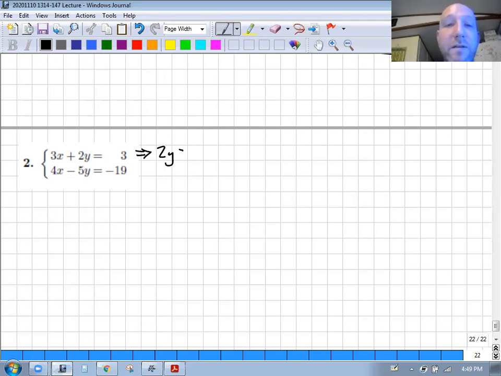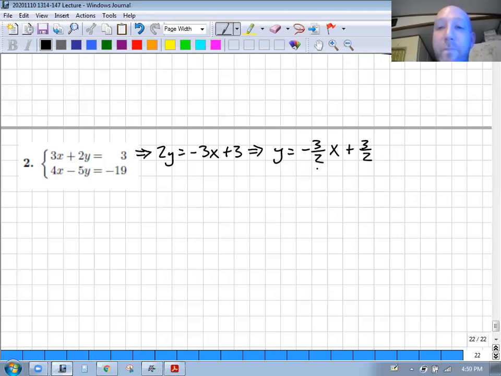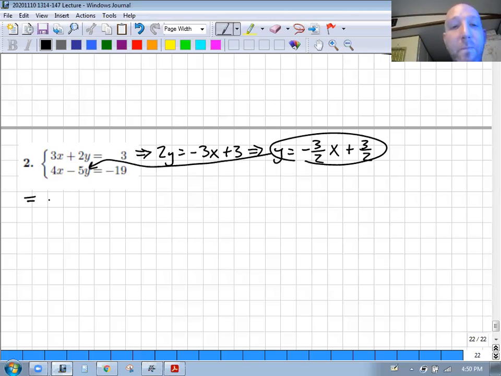So I got 2y equals negative 3x plus 3. So that means y is negative 3 halves x, right, dividing by 2, plus 3 halves. I substitute that in here, so that gives me 4x minus 5 times negative 3 halves x plus 3 halves equals negative 19.